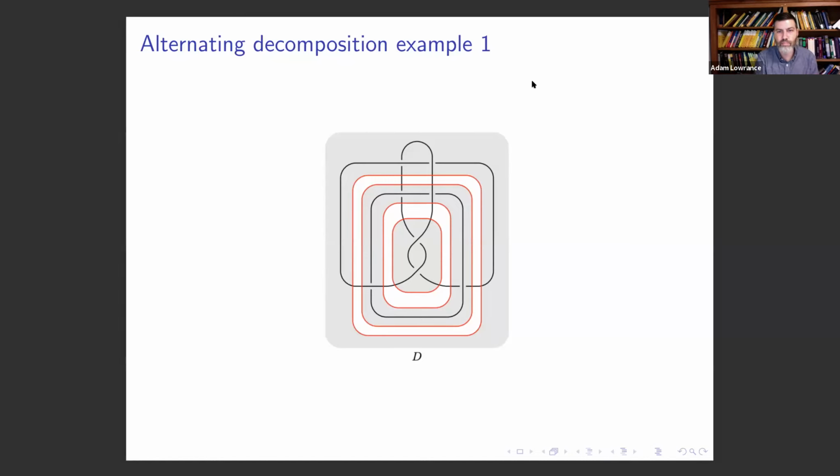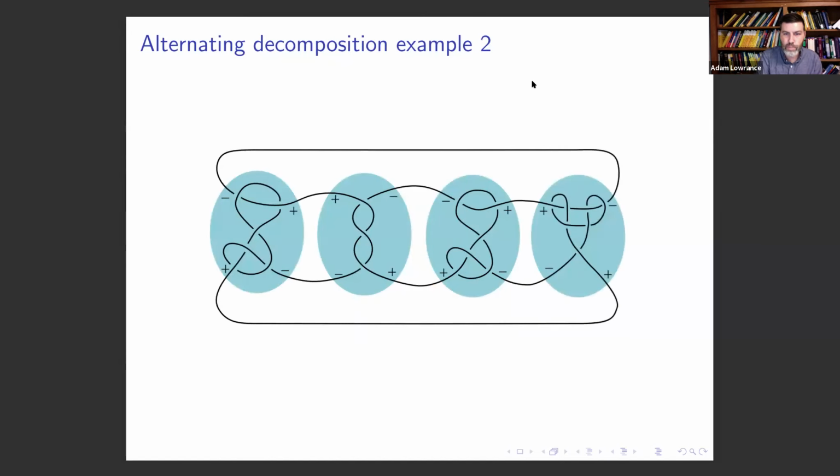Now I say that, but for the Turaev genus 1 case, it ends up being all disks. So this picture doesn't have the red circles in them, but you can imagine that the red circles are just the boundaries of this greenish blue color. Inside of each one of these shaded circles, you have an alternating tangle, and you connect these alternating tangles together in a non-alternating fashion.